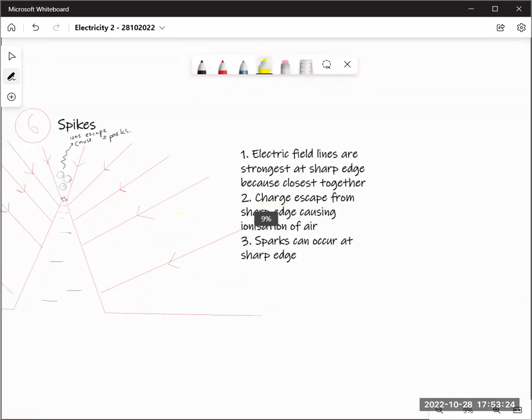Now the electric field is so strong that the charge can actually escape outside of that point. And what that does is it makes air into positive and negative ions. And that is what we see as spark. I'll show it to you.